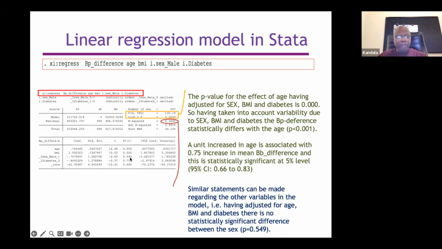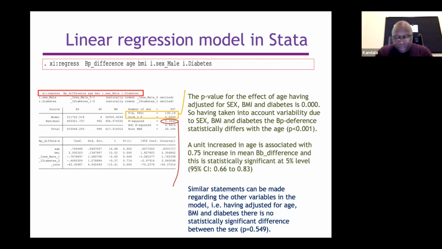And the p-value here is not statistically significant, meaning that regardless of gender, what we see in the difference in blood pressure is not affected by the gender of the patient.